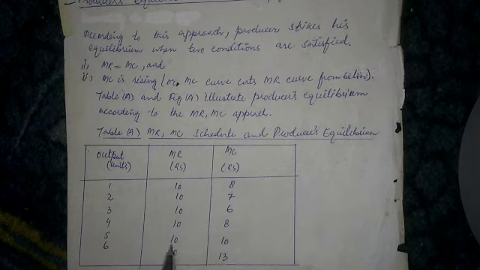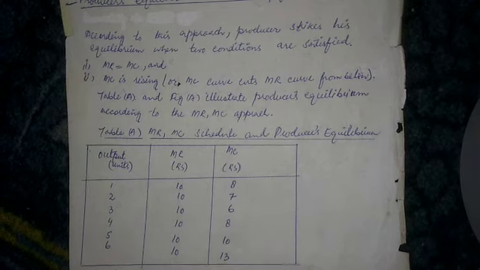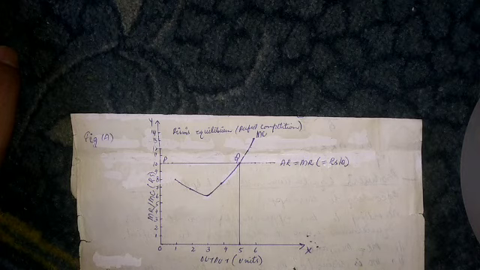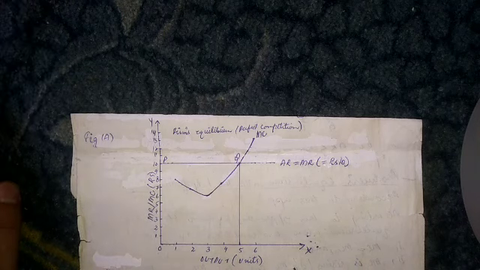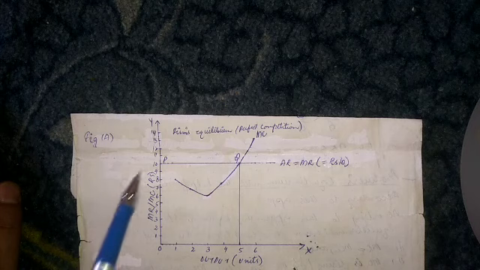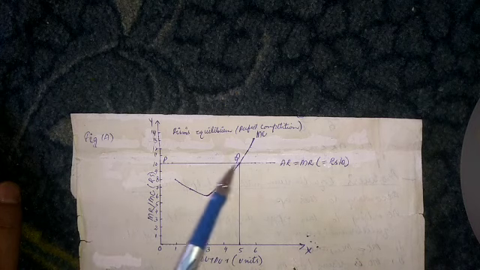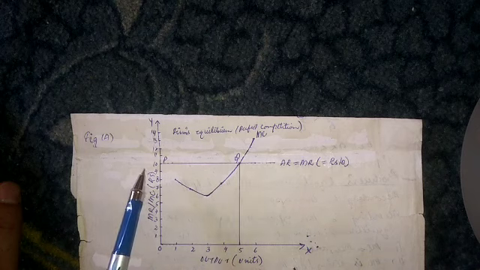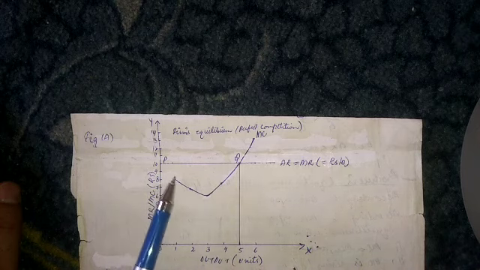Now I will show you the same with the help of a diagram. In this diagram, the x-axis shows output in units, 1, 2, 3, 4, 5, 6, and the y-axis shows MR and MC in rupees, right? And this is average revenue, AR, which is equal to 10, and marginal revenue is also rupees 10.